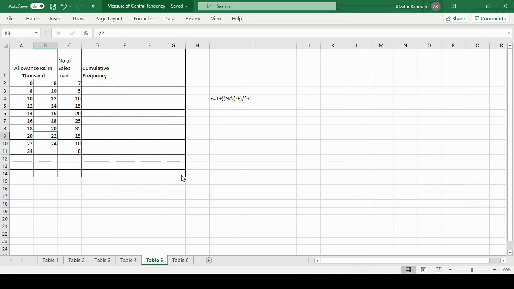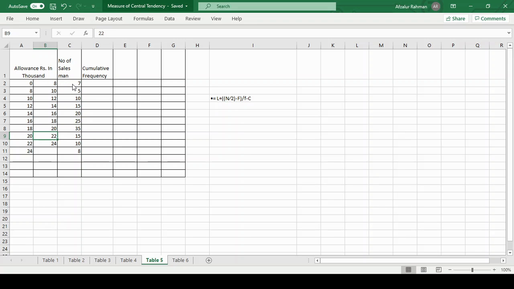Here the data says 0 to 8 is the first range group, all in thousands: 0 rupees to 8,000 rupees of travel allowances. How many salespersons availed it? 7.